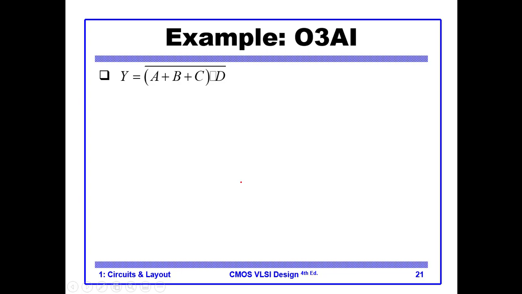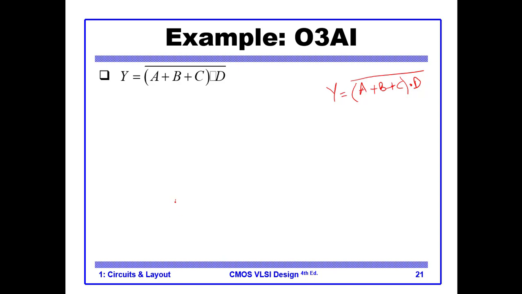So here is another one. We have to implement this function, which is Y is equal to (A plus B plus C) and then D, whole bar. So first we will implement the pull down network, and the pull down network is what?